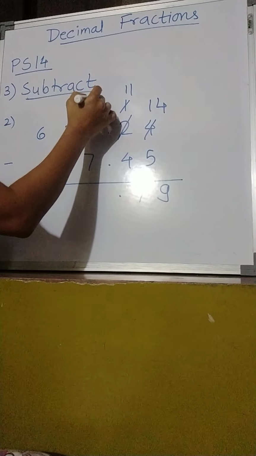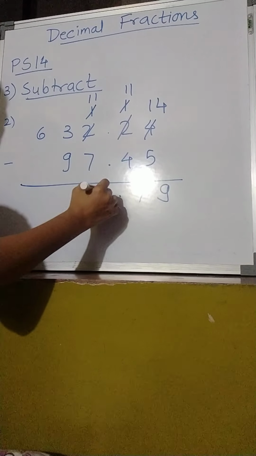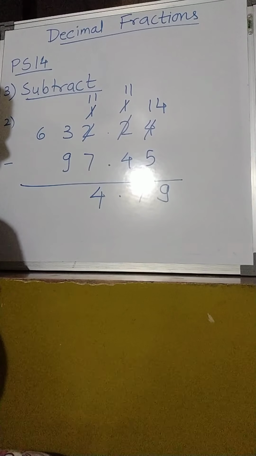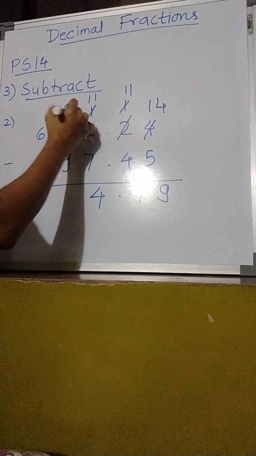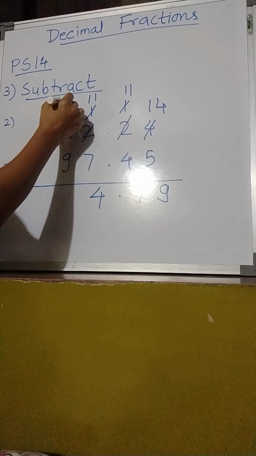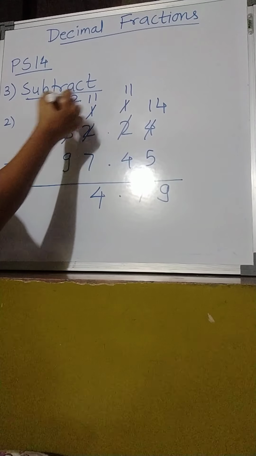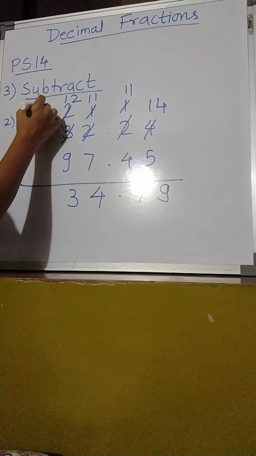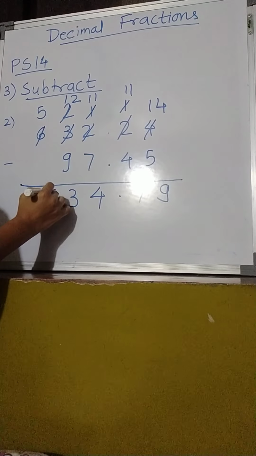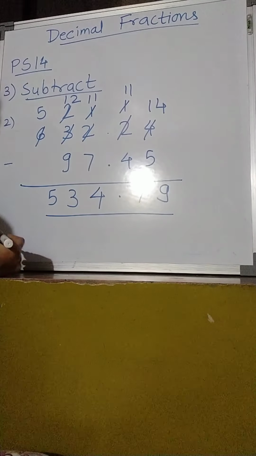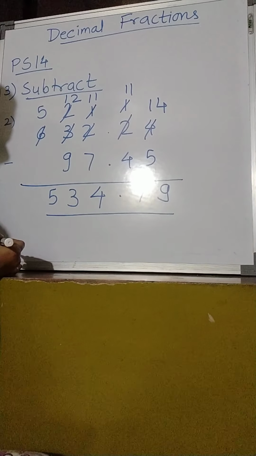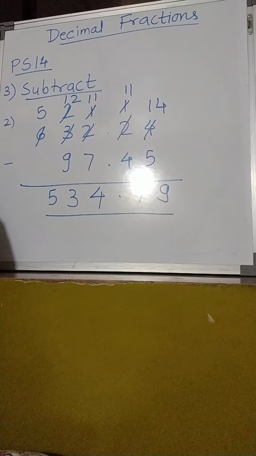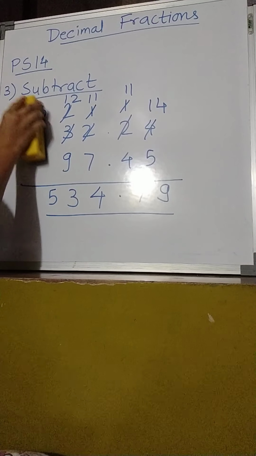Make 1 as 11 and 11 minus 7 is 4. 2. Make it 12. 12 minus 9 is 3 and 5. So your answer is 534.79.